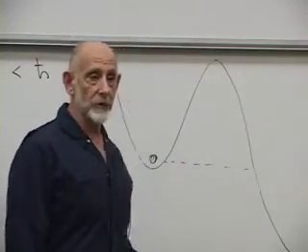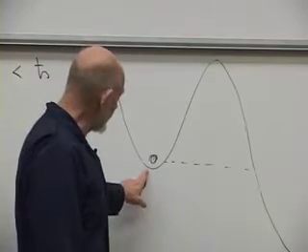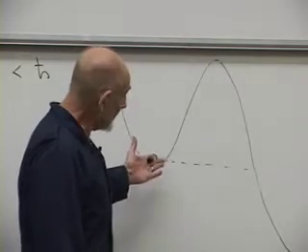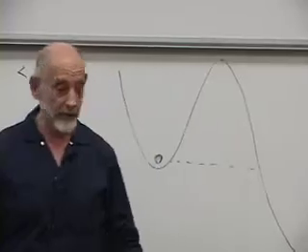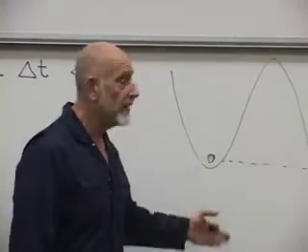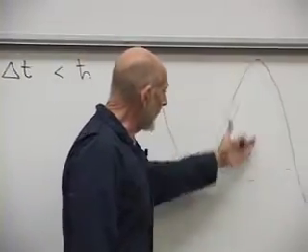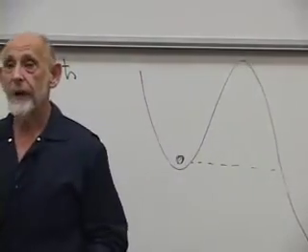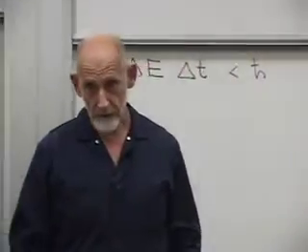it seems that it had a large potential energy, much larger than it had over here, and it can't have less kinetic energy than it had over here. The kinetic energy was zero over here. The meaning of that is that it temporarily, apparently violated energy conservation.